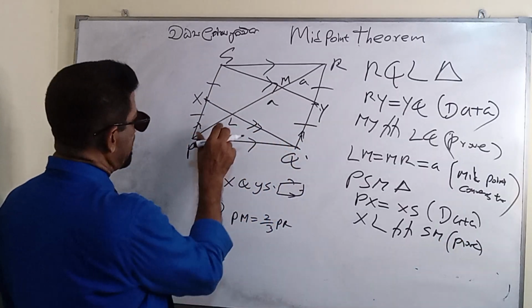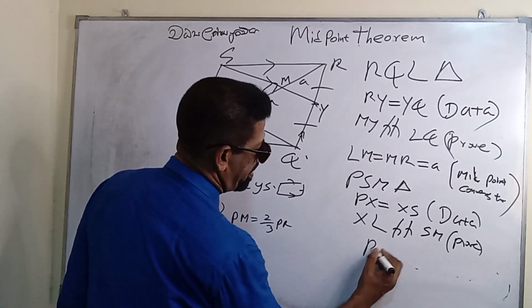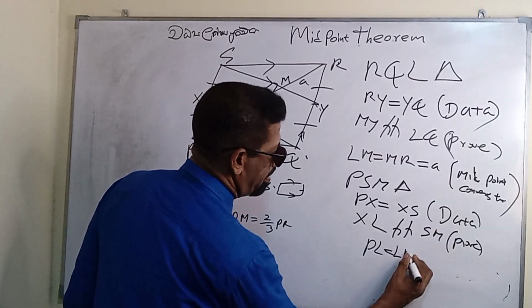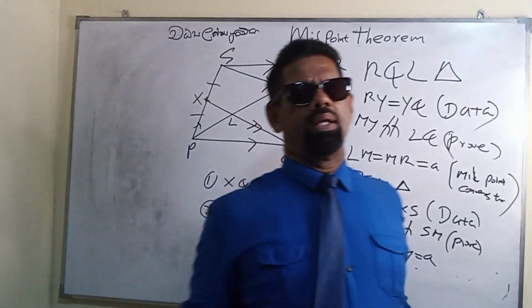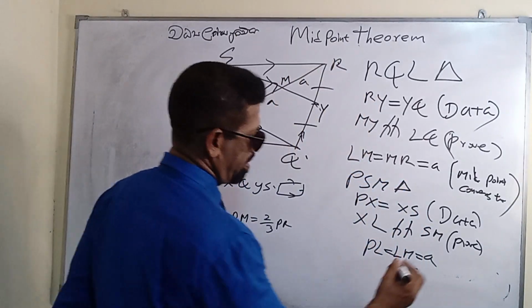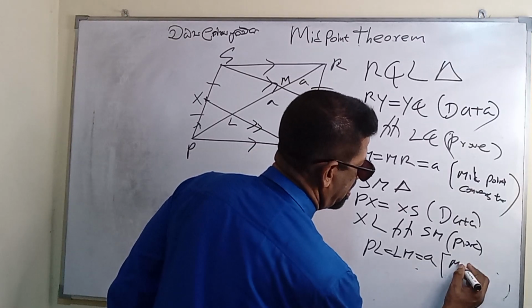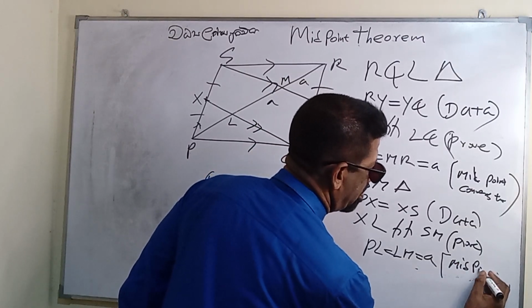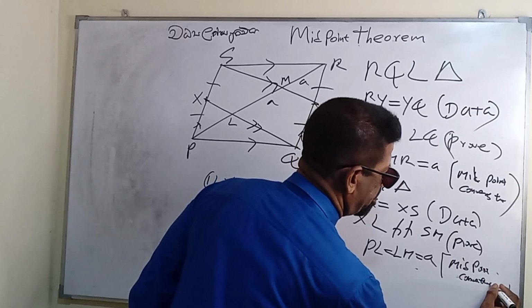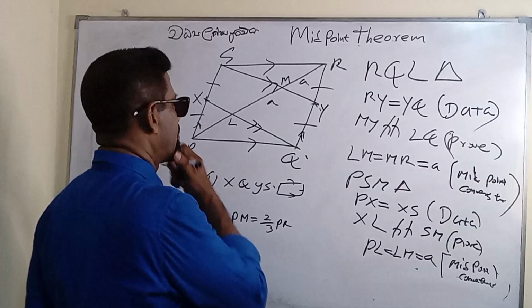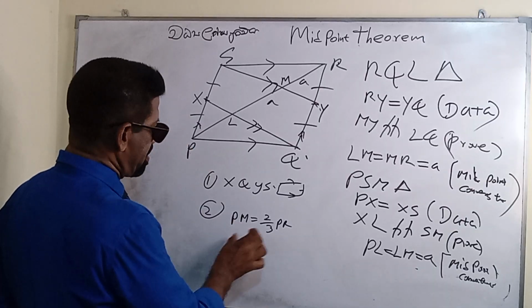Then we can write PL equals LM equals A, because of the midpoint converse theorem.